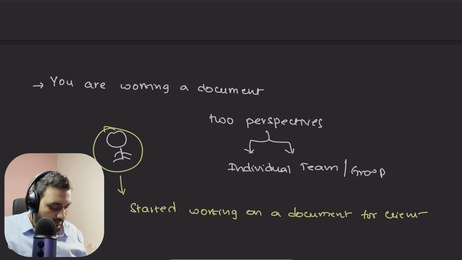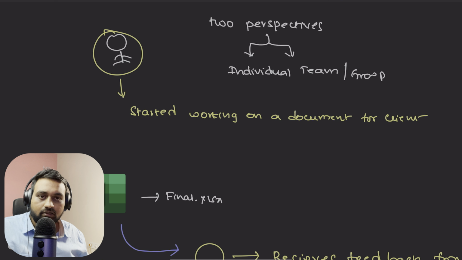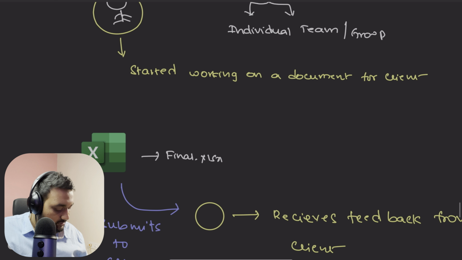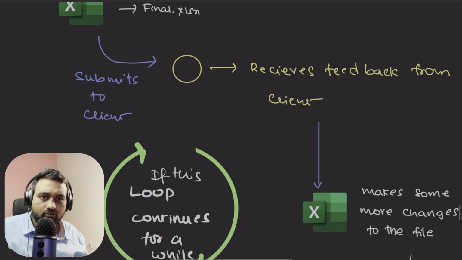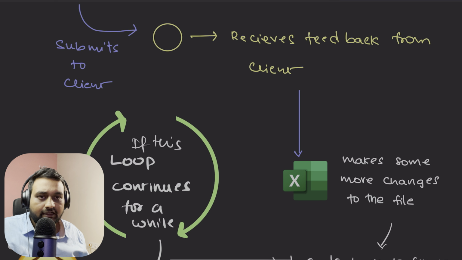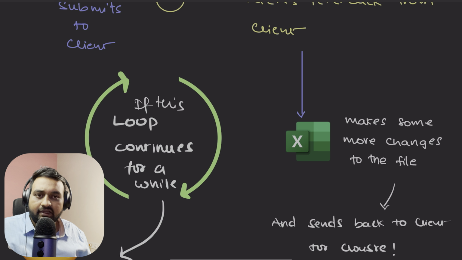You have done all your changes and given a final document to the client, and the client sends some feedback saying, okay, I need some more changes. You make those changes and send them back to the client. If the client is not satisfied with your changes, this cycle will go on. If this loop continues for a while, you might end up updating the same file again and again.